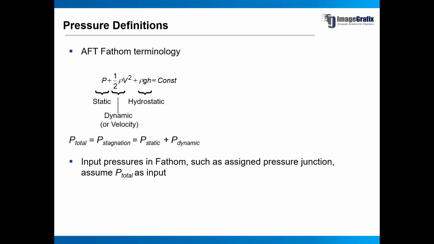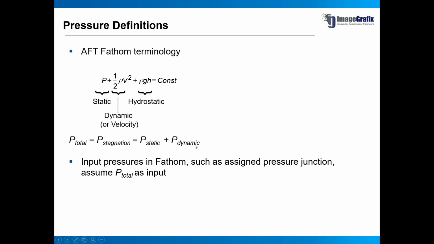Users who have seen the application can understand that AFT uses two terminologies: one is P static and the second is P stagnation. So AFT software uses the term P stagnation that refers to total pressure, which is the total of static pressure and the dynamic pressure.